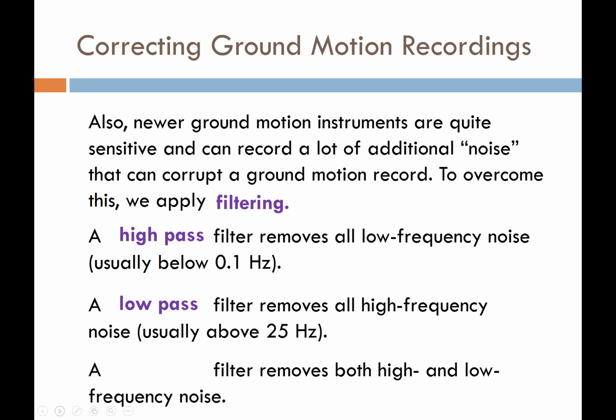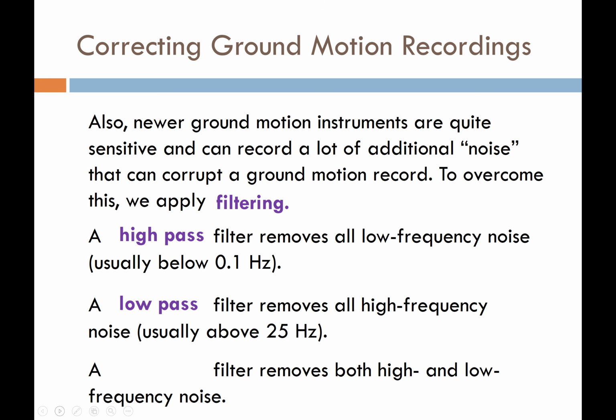Another type of filter we can apply is a low pass. Now this is the opposite. We're going to remove all the really high frequency stuff, usually anything above 25 hertz. So low frequency noise generally comes from stuff that occurs really far away.